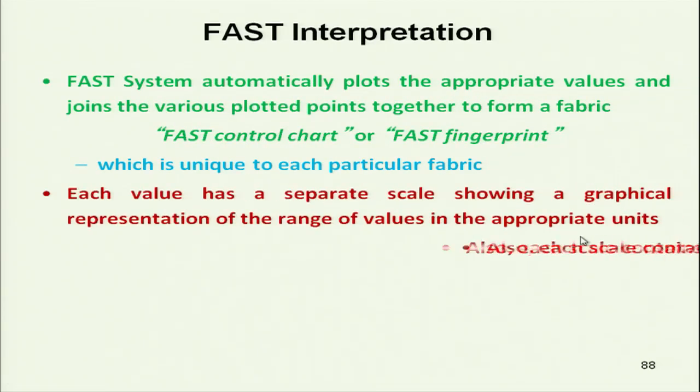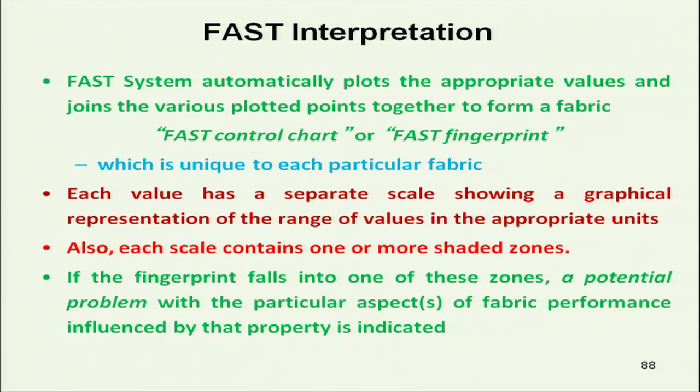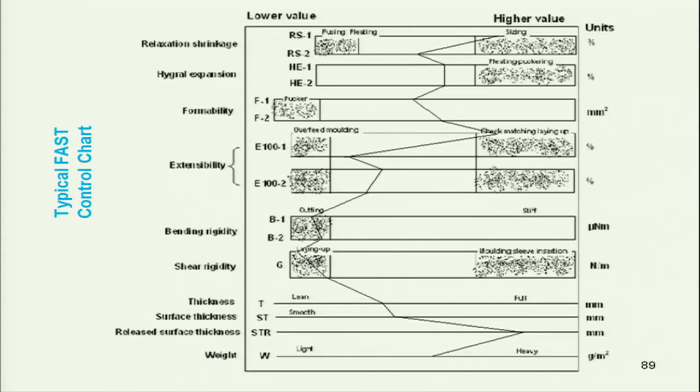One most important aspect of the FAST tester is its interpretation, the FAST control chart or FAST fingerprints. After testing, this type of FAST control chart is generated for a fabric, and the shaded zones are problematic zones.